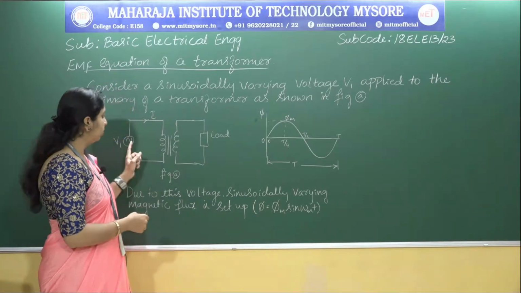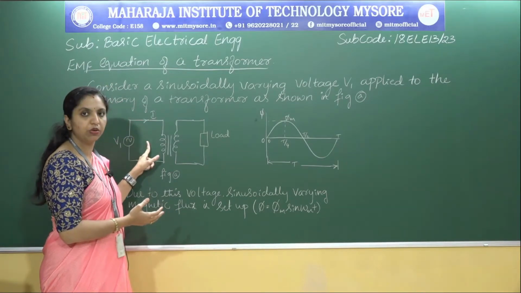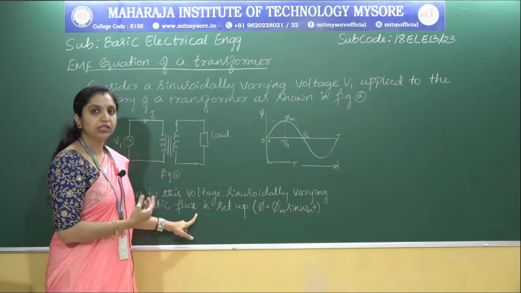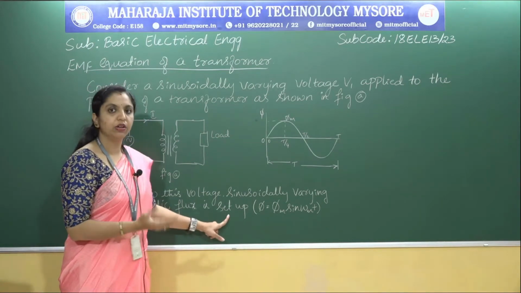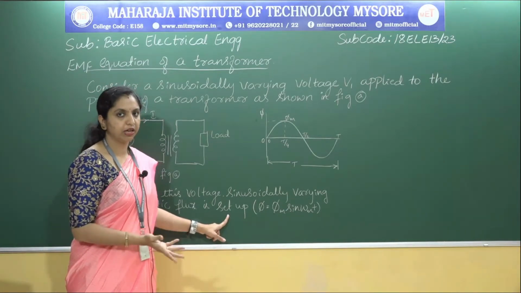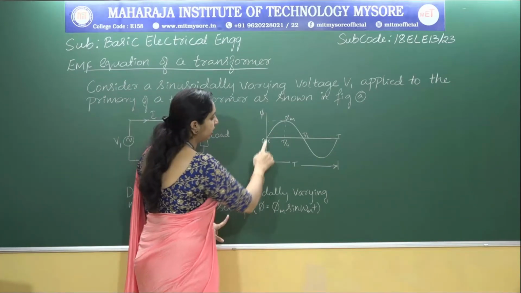Because of this alternating voltage and alternating current, the varying magnetic flux is set up. That is why we have expressed the magnetic flux in this form.